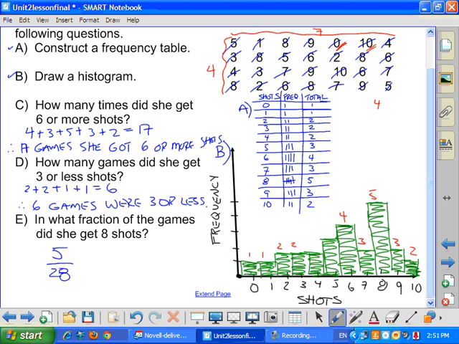So that means 4 times 7 means that there's 28 pieces of data there. All right. So therefore, 5/28 of the time, she gets 8 shots. So that's what you're working on today.